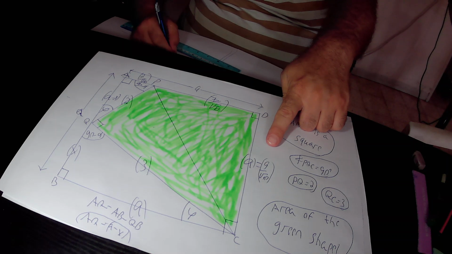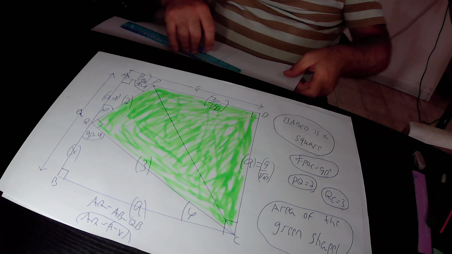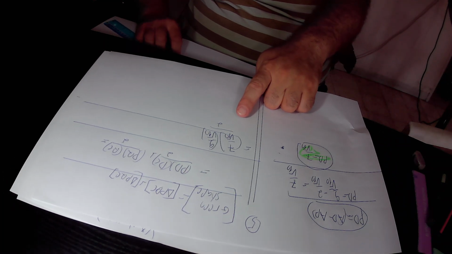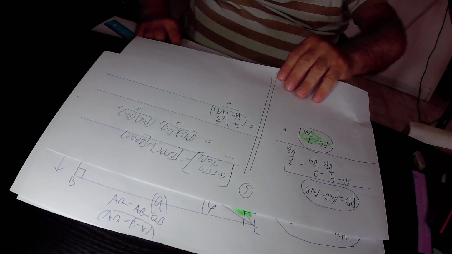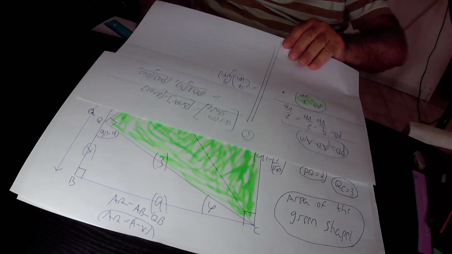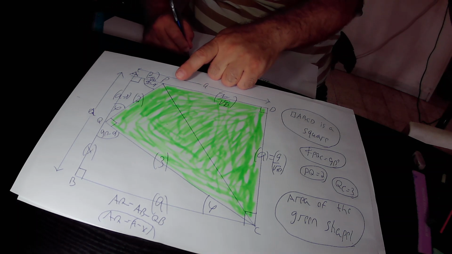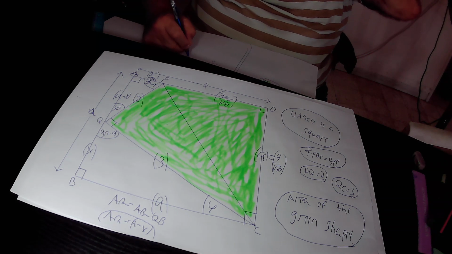DC equals A, and A equals 9 over square root of 10 units in length, divided by 2. So again, the area of the right triangle PDC equals the base PD, that is 7 over square root of 10, times the height DC, that is 9 over square root of 10, divided by 2. Plus the area of the right triangle PQC, that is the base PQ, which is 2, times the height QC, which is 3, divided by 2.